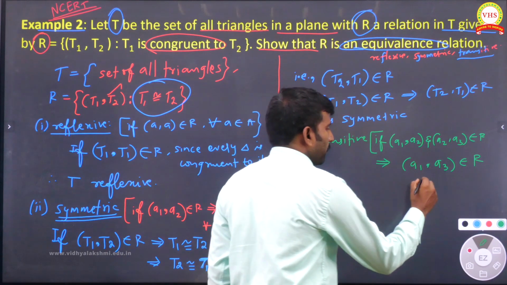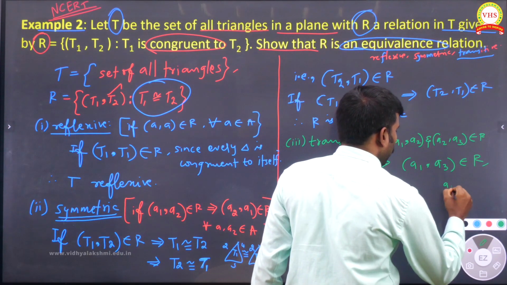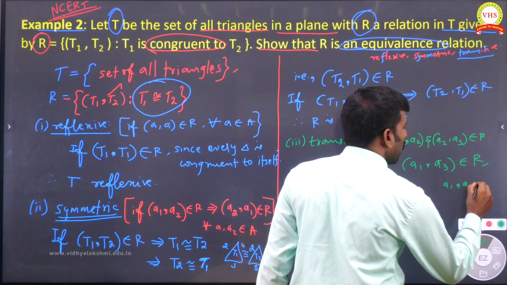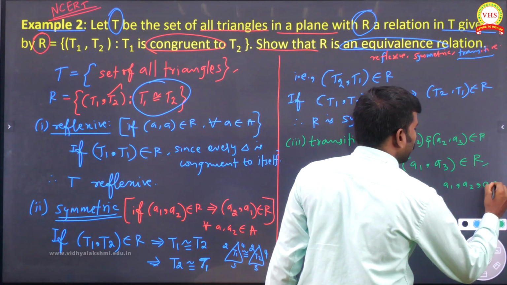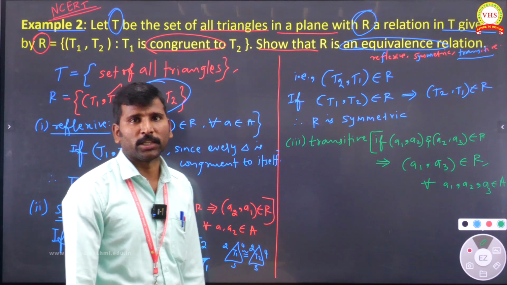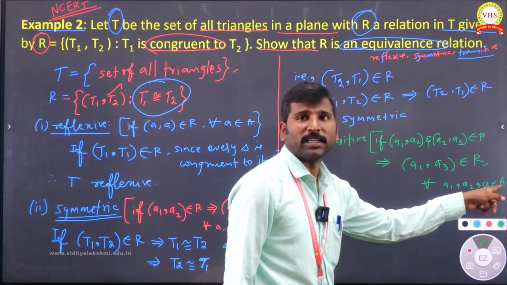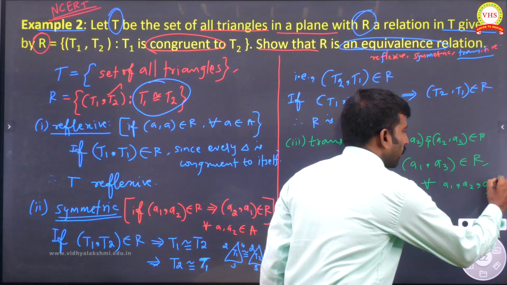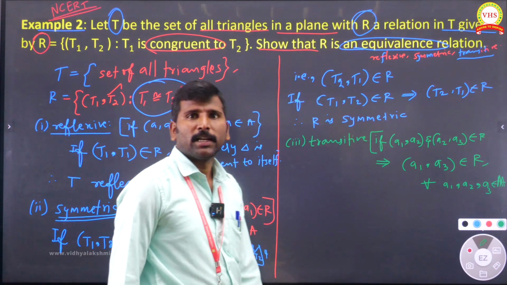Understand? Here A1, A2 and A3 should all be in set A, for all A1, A2, A3 in set A. Okay, set A, it's not visible. Set A here. Understand?